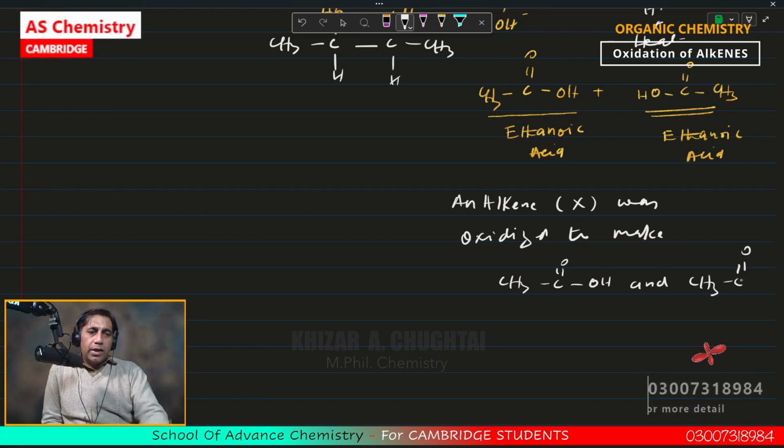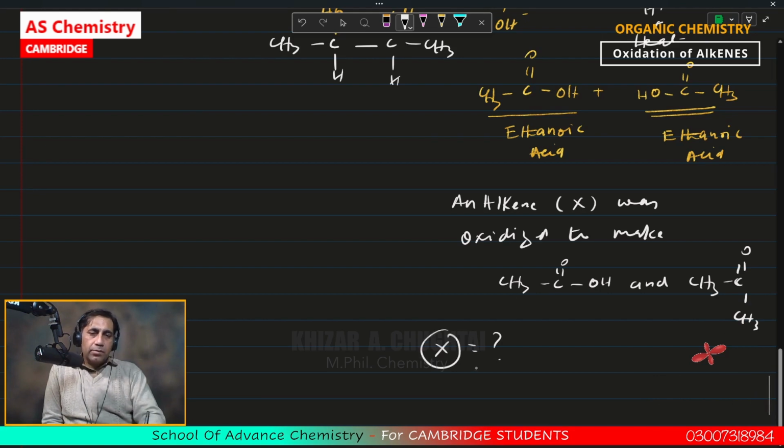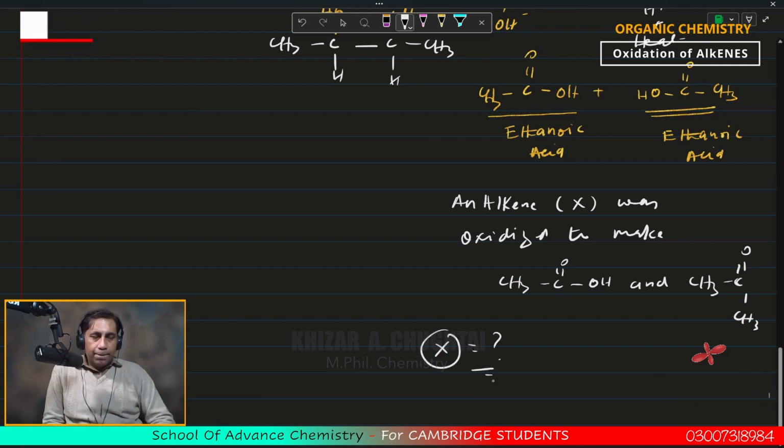We oxidize an alkene and there were two products. So can you find the formula of X alkene? What was that X alkene?